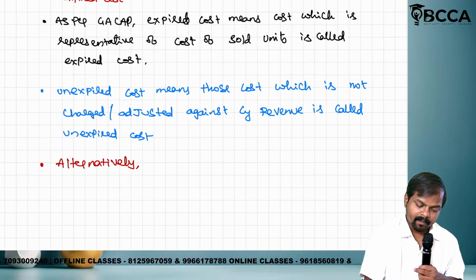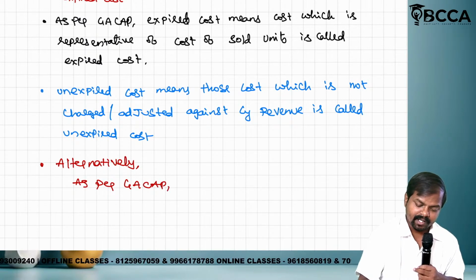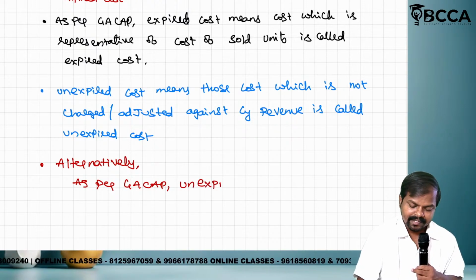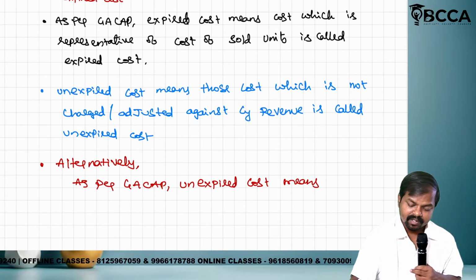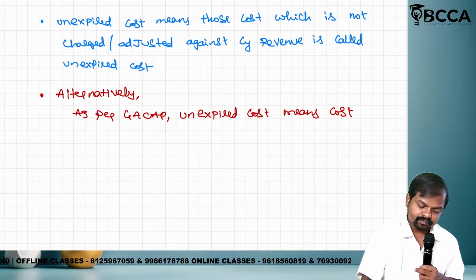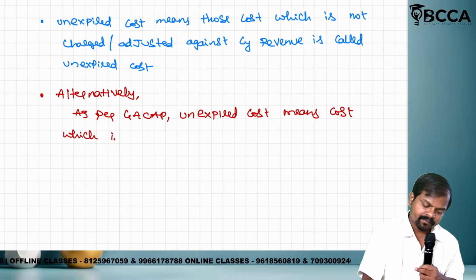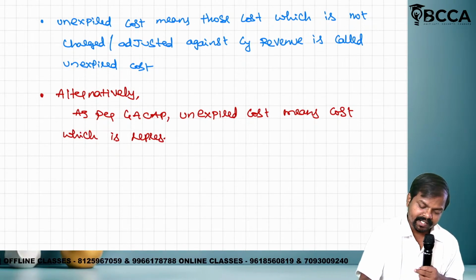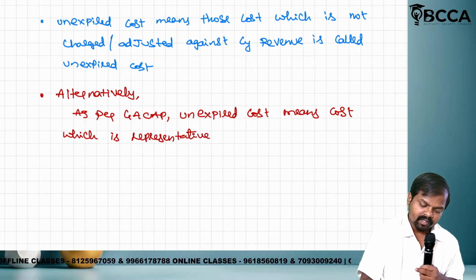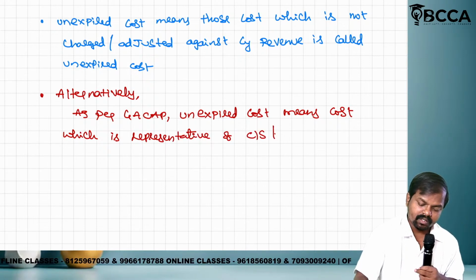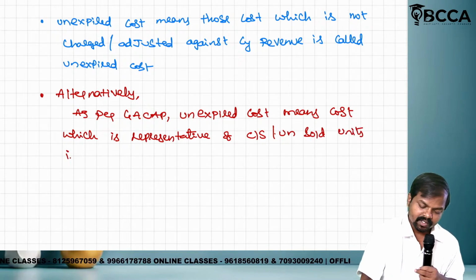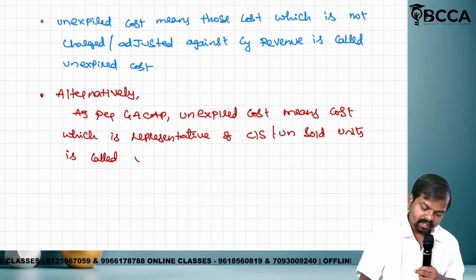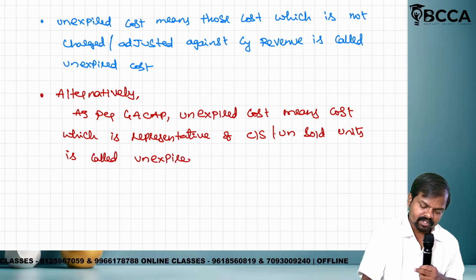Alternatively, as per GAAP, unexpired cost means cost which is representative of closing stock or unsold units is called unexpired cost.